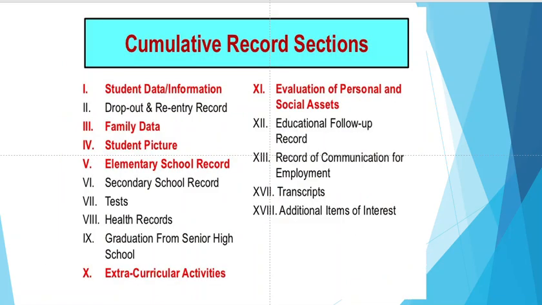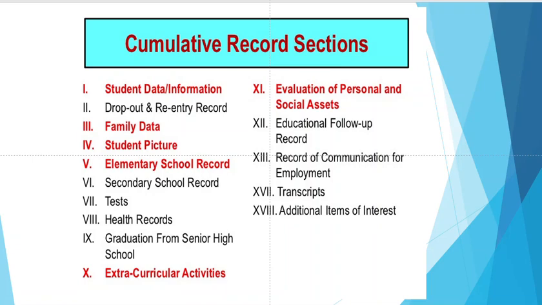So what type of information and sections are included in the cumulative record? Cumulative record: student data or information, family data, student picture, elementary school records, secondary school records, then test, health records, graduation from senior high school, then extra co-curricular activities, evaluation of personal and social assets, educational follow-up records, records of communication for employment, transcripts, and additional items of interest.